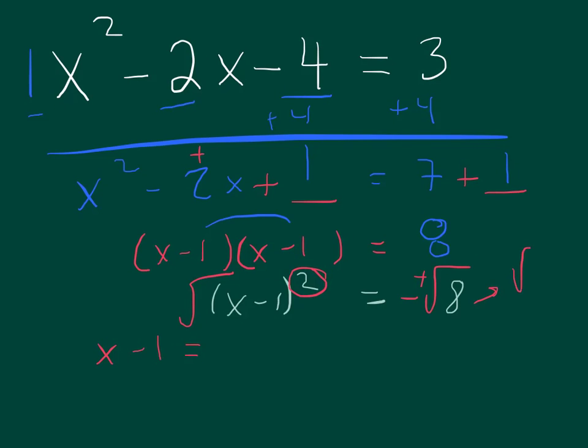So I always think of it as the square root of 4 times the square root of 2. I always try to think about what is the greatest perfect square, 1, 4, 9, 16, 25, etc., that are factors of it, so I can simplify my radical. So what's the square root of 4? You know that the square root of 4 is 2, so this is the same thing as 2 root 2.